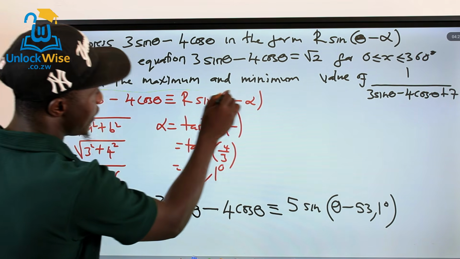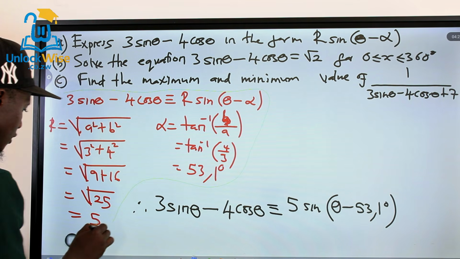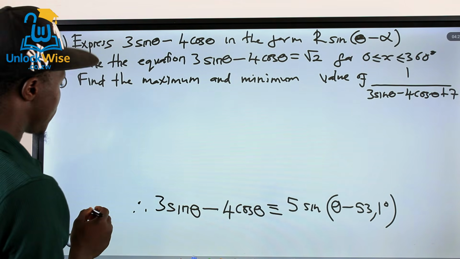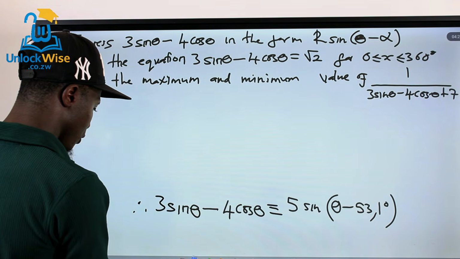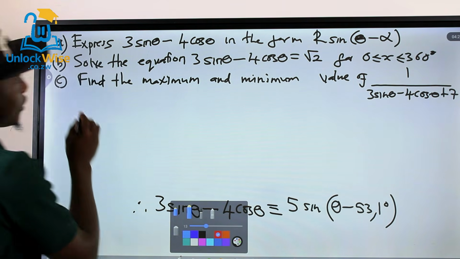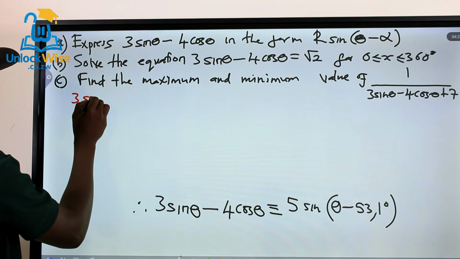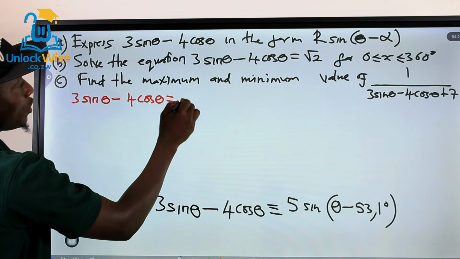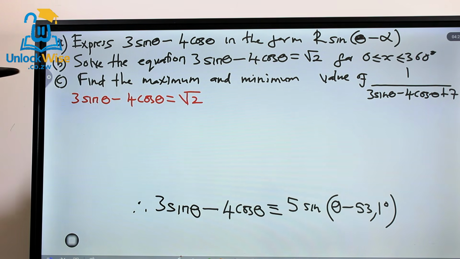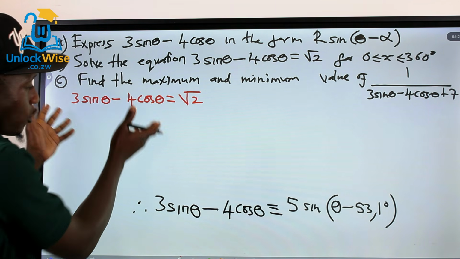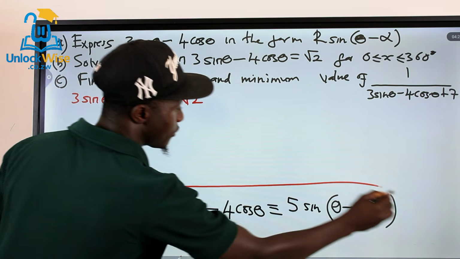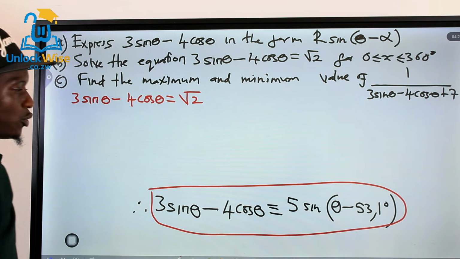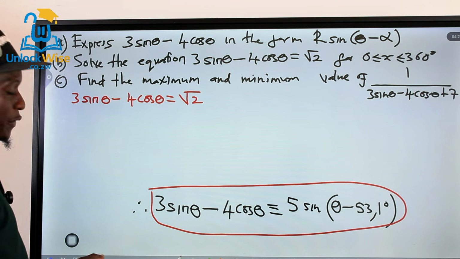Already we have 3 sine theta minus 4 cos theta expressed here as 5 sine theta minus 53.1.